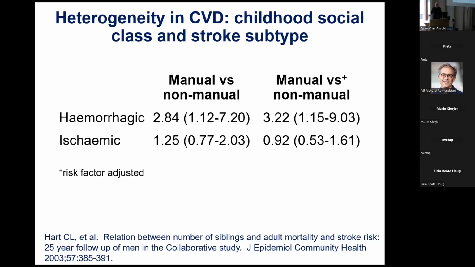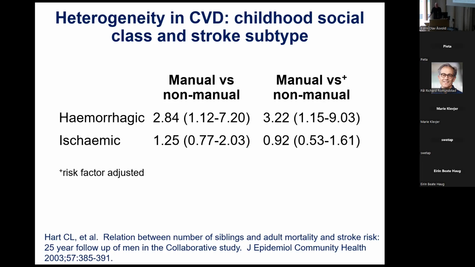This is the social class of one's father, in a cohort where the father's social class was a strong influence on material well-being. You see, in a cohort in Scotland, a very large risk of coming from a household with a manual head of household, but for ischemic stroke, that was not seen.